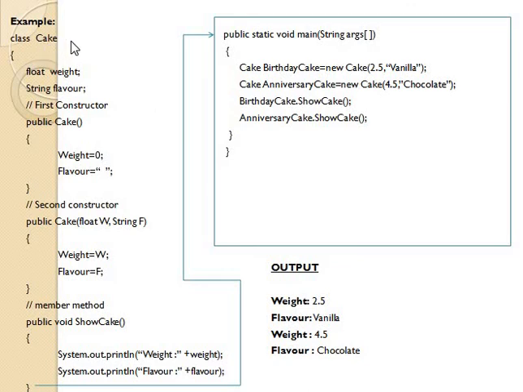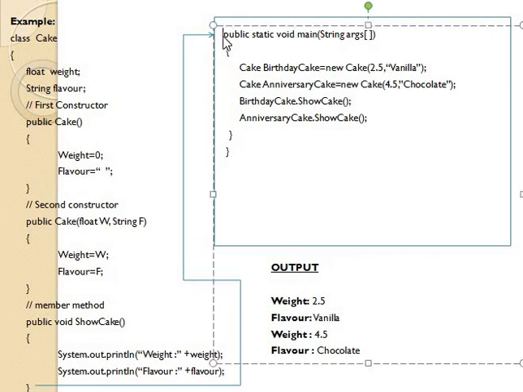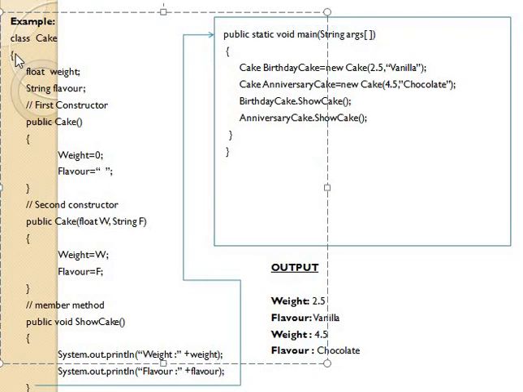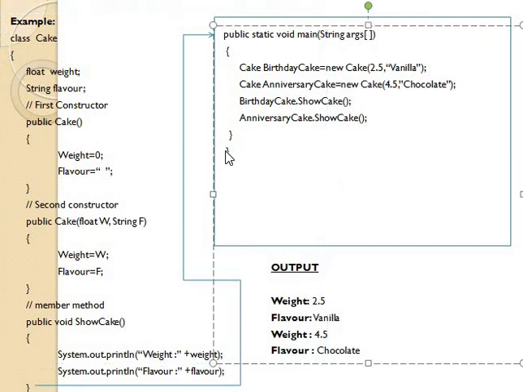You create the objects inside the main method, but this main method is inside the class, because this is the opening curly bracket of this class called cake, and this is the closing curly bracket of this class called cake.